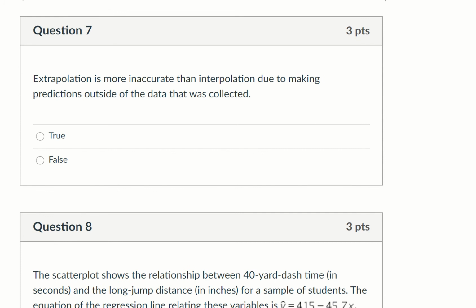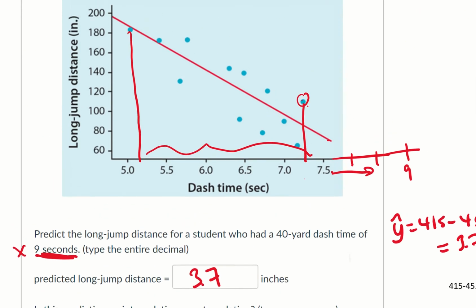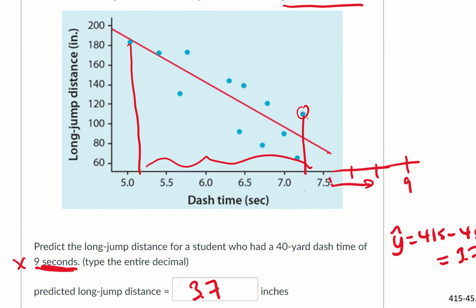Extrapolation is more inaccurate than interpolation due to making predictions outside of the data that was collected. That was true. So if you remember, if we were to go outside the data set, we end up going outside of our data, which is extrapolation. And extrapolation tends to be weak because there's not a really good way to predict.